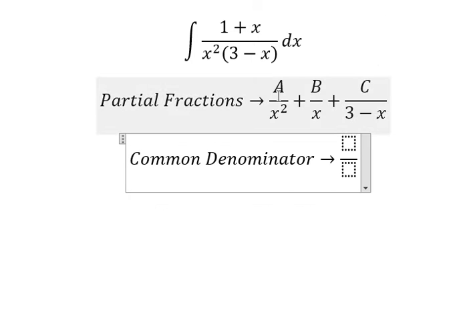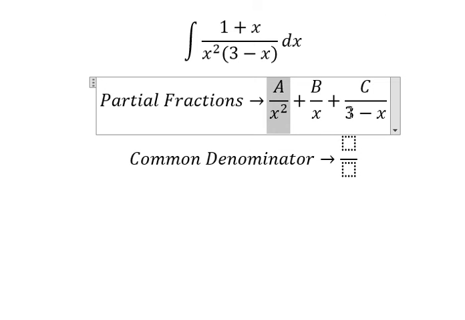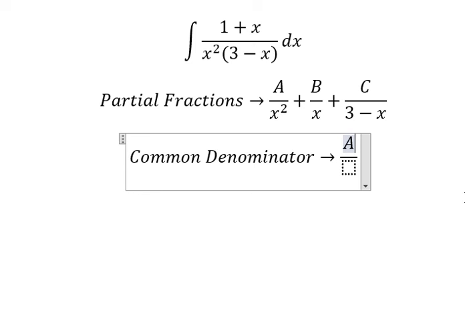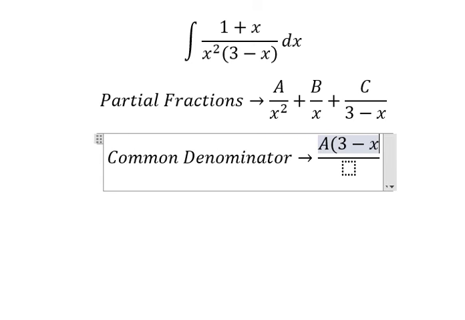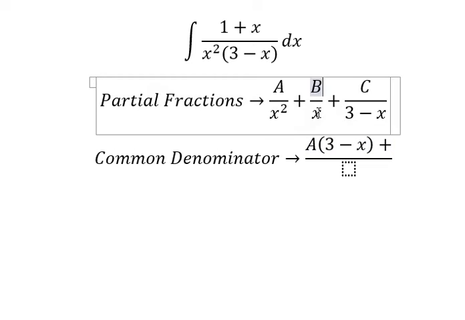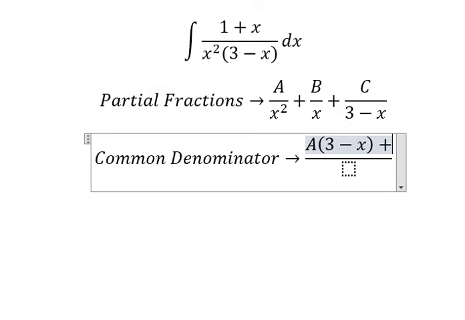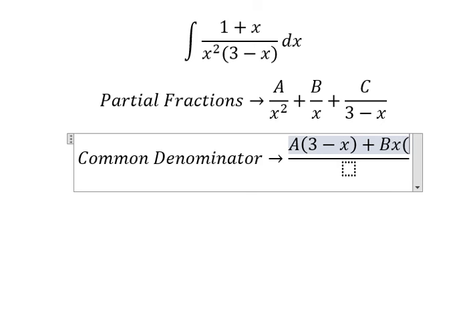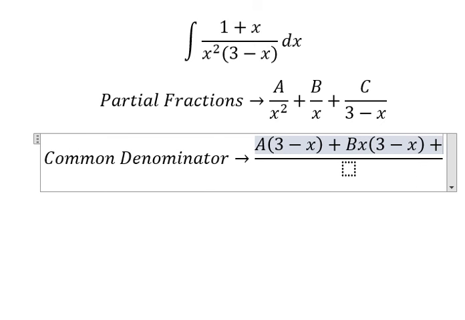So about this one, it is missing 3 minus s, so capital A multiplied by 3 minus s. About this one, it is missing s and 3 minus s.